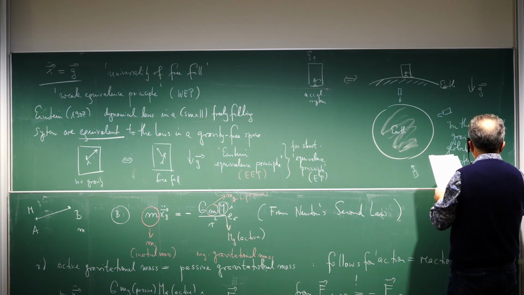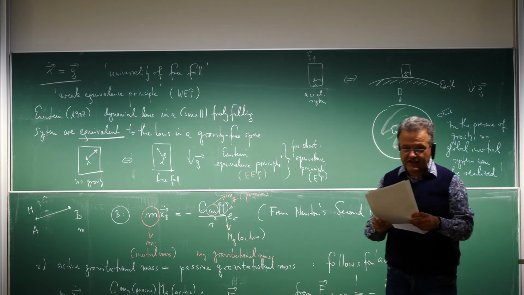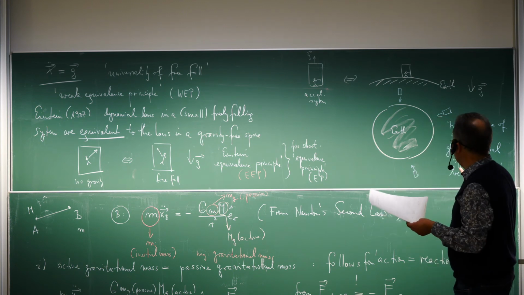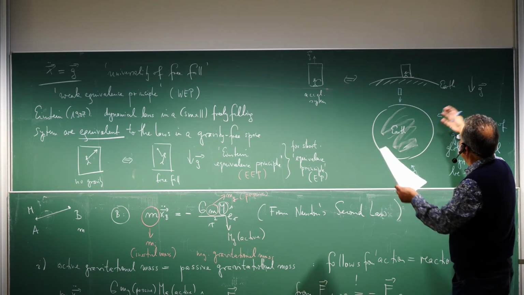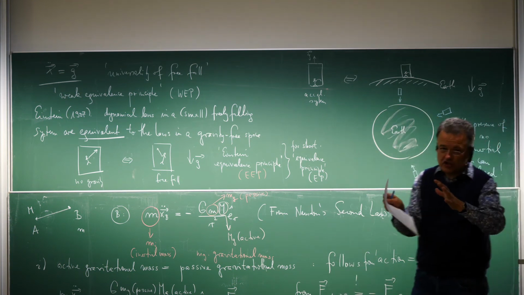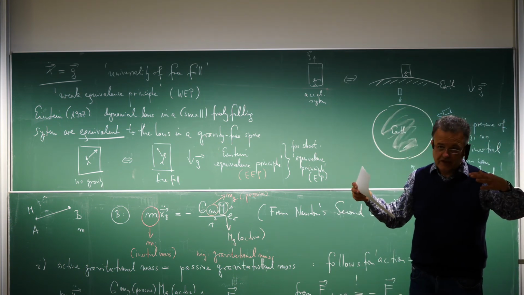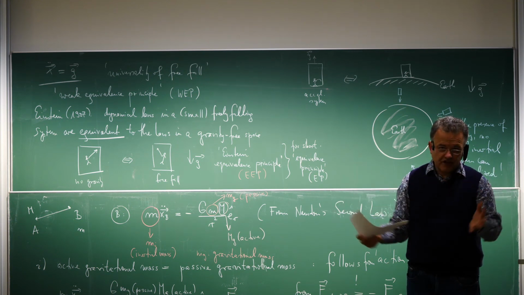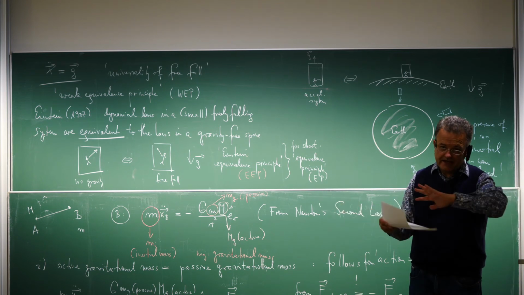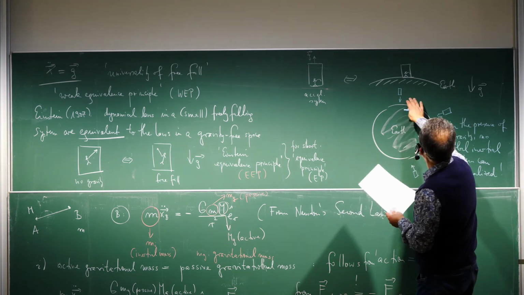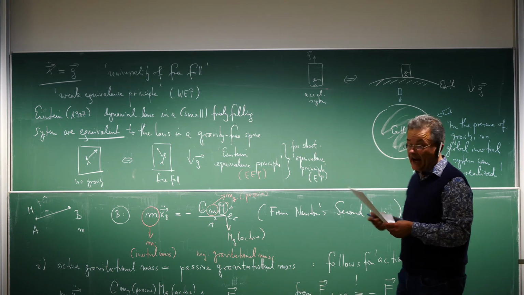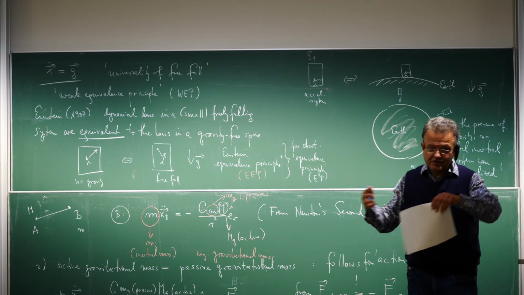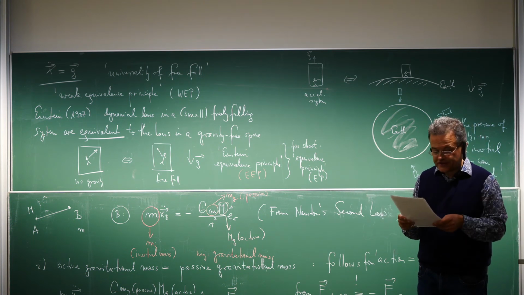And this is what led Einstein, and of course we will discuss this later, to the notion of a geometric description of gravity, because these local inertial systems do not fit together into one. It is like a curved surface where the local planes do not fit together to one global plane. The relative accelerations between these are called tidal accelerations, from the tidal forces of the moon on the oceans.